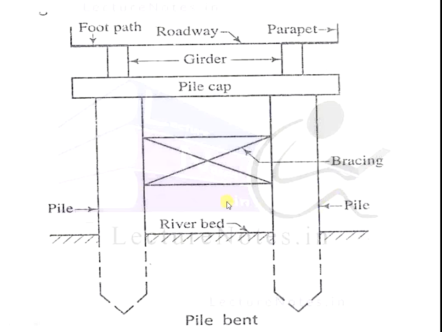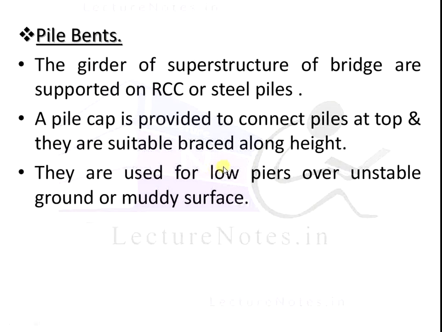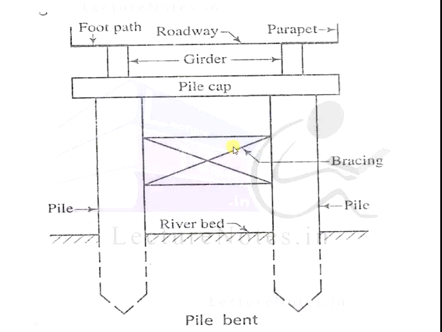Here in the piles, there is the pile cap, and we support the piles with the bracings along the length. There is a girder, roadway or railway, and footpath or parapet.